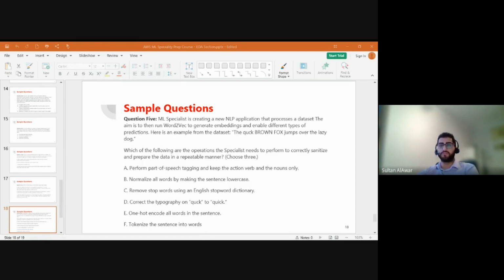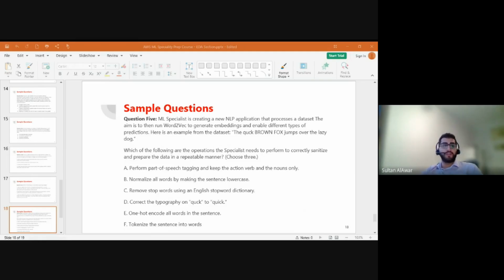So we could see, for example, a mistake written here, as quick should be with an I. And some of the words are capitalized, some are not. So they are asking which of the following are the operations the specialist needs to perform to correctly sanitize and prepare the data in a repeatable manner.